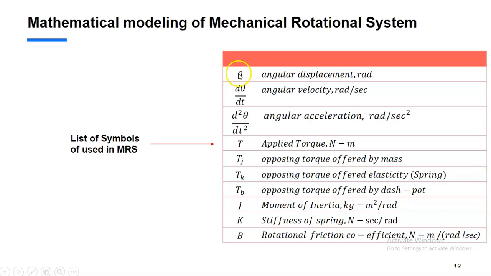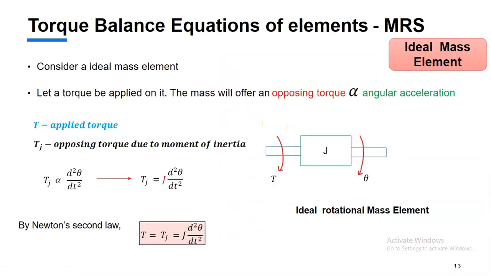Instead of x, we are using theta. We are having an angular displacement. So here, instead of the force balance equation, we are writing a torque balance equation because the input is a torque. This is the symbol of the ideal mass element.